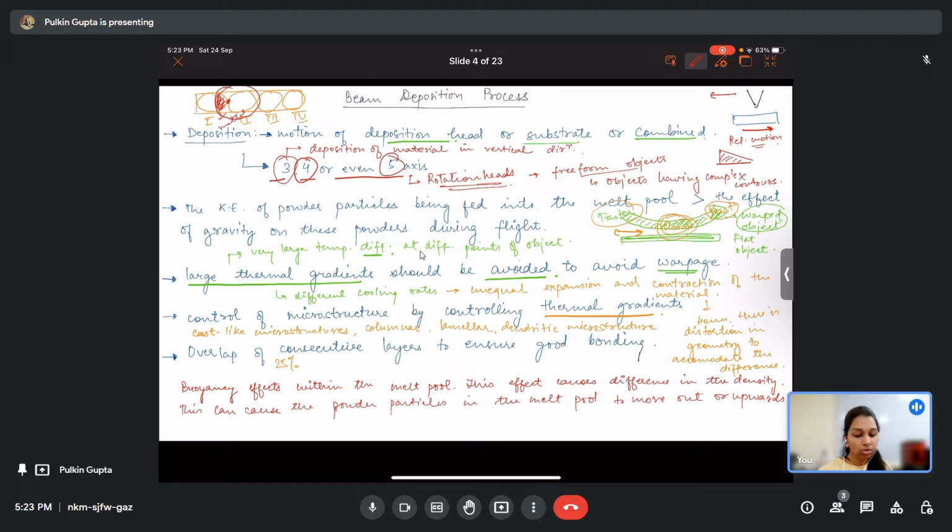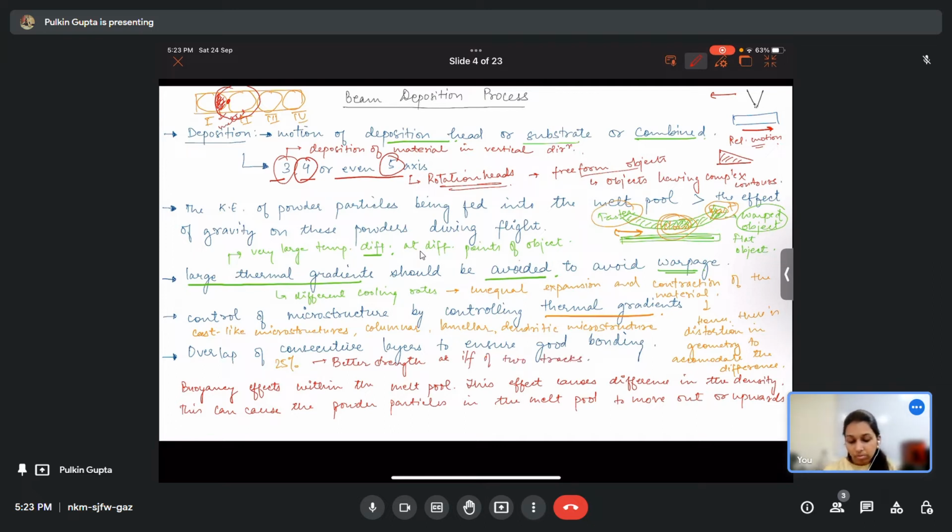Okay, so when this melts, it will then join with the second layer and second track and solidify with it. And when such a kind of solidification happens with such an overlap, you have better strength at the interface. This gives us better strength at the interface of two tracks.